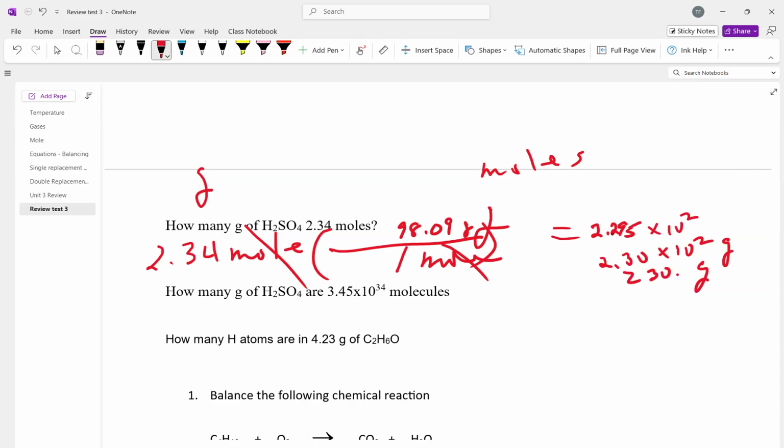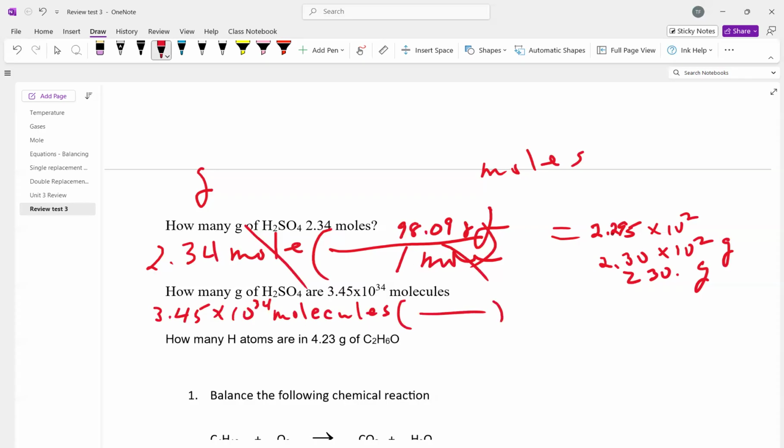Okay, so we have how many grams of H2SO4 is 3.45 times 10 to the 34 molecules. That's the given.